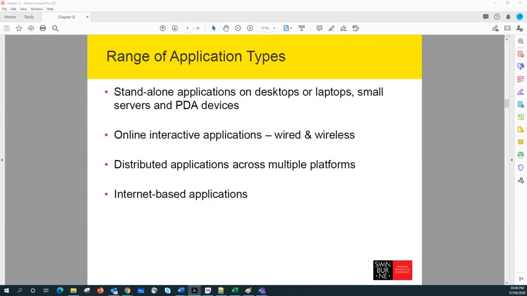But nowadays, in the modern days, IT has become very mature. We have a range of application types, and also different types of devices.